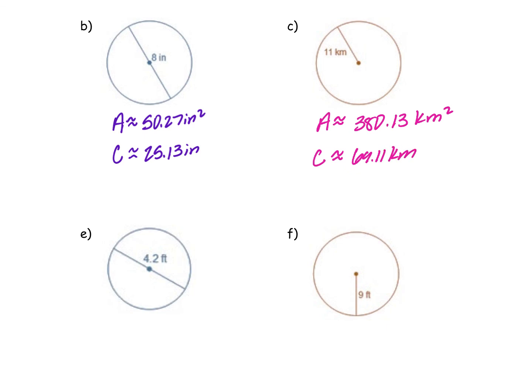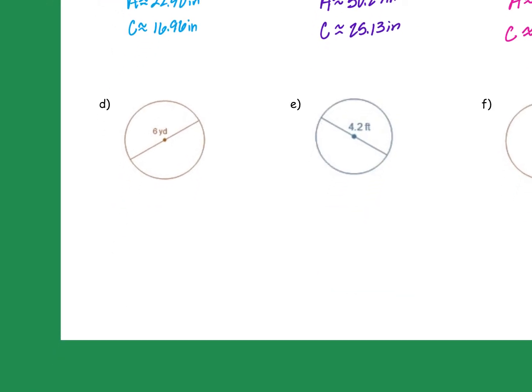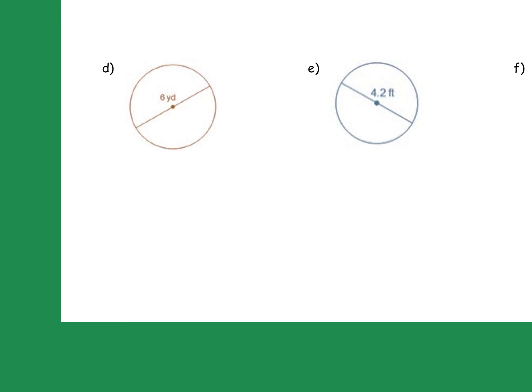Okay? And then on D, area is approximately 28.29 yards squared, and circumference is approximately 18.85 yards. Getting them right so far? Nice job.